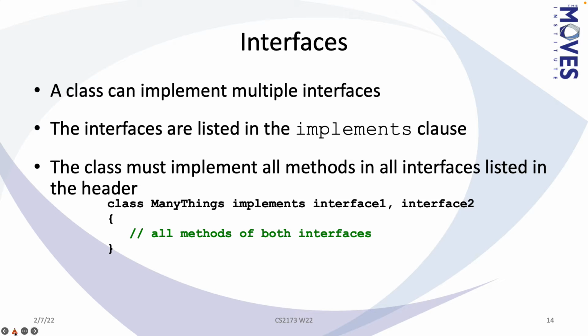Again, we'll circle back to this. We can implement as many interfaces as we want. When we start talking about inheritance, we can only inherit from one parent. In other words, we can't have two parents, only one. It's just the way it goes. But we can have multiple interfaces.